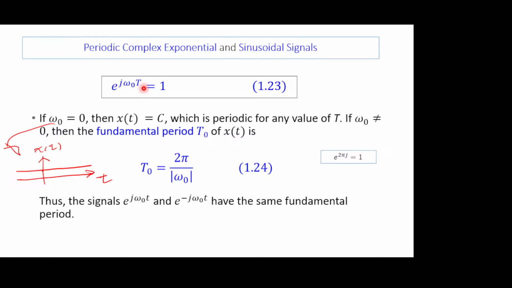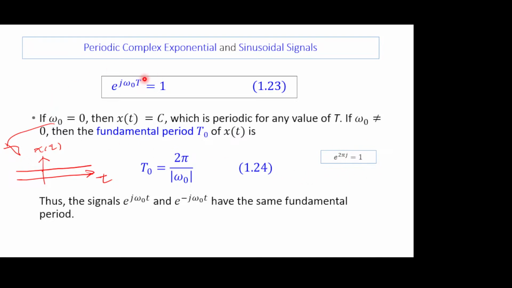We skip over the detail, but we remember that e to the something equals 1, I think this is also called Euler's relation, we know that e to the 2 pi j equals 1. Okay? And 2 pi is the smallest possible non-zero value for which this holds.